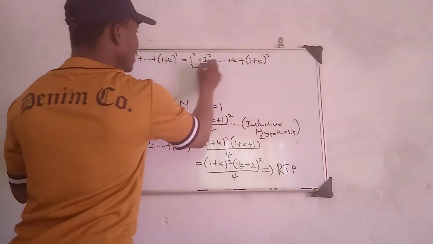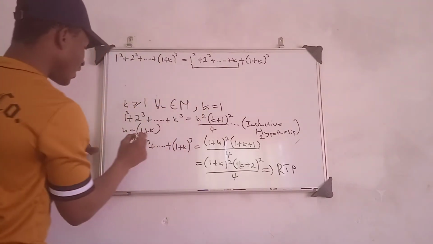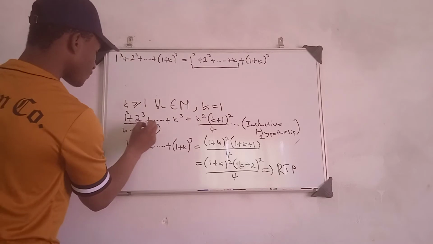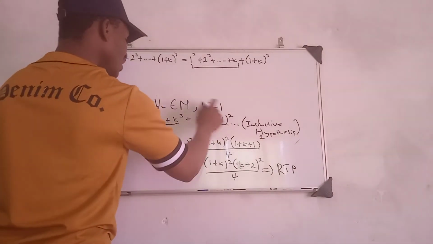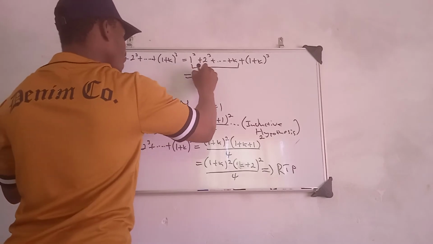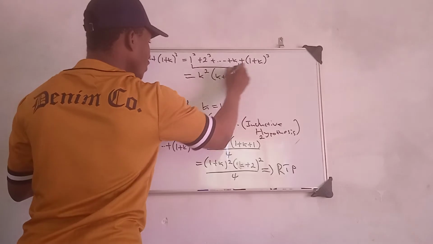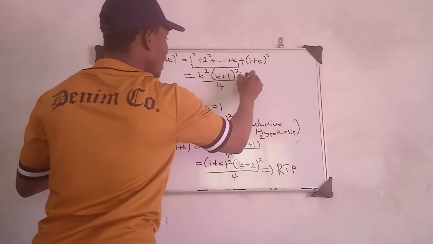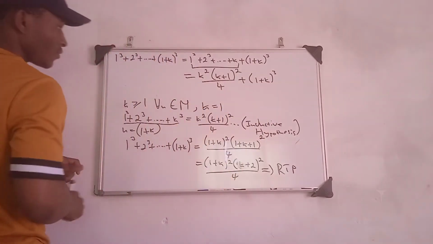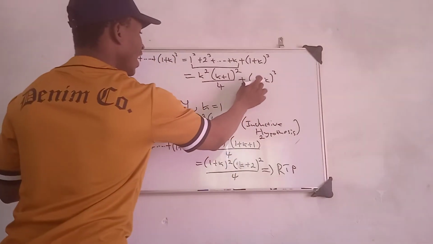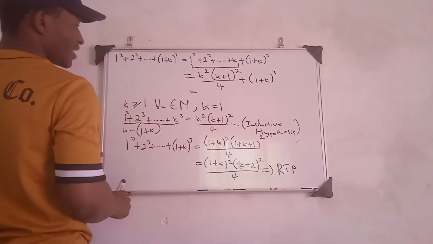But what is this? According to our inductive hypothesis, that one is actually this, and this thing is equal to that one. So I'm going to have k squared, (k plus 1) squared, all over 4, plus (1 plus k) to the power 3. If I take out the common factor, (1 plus k) squared is the common factor.